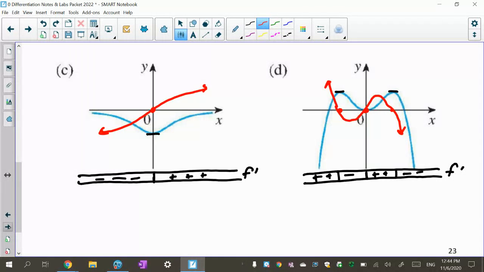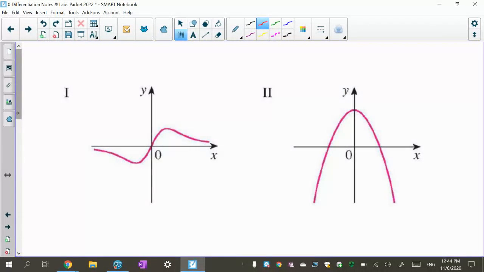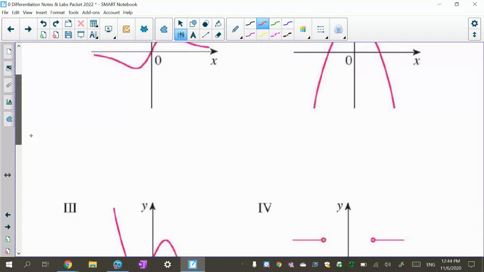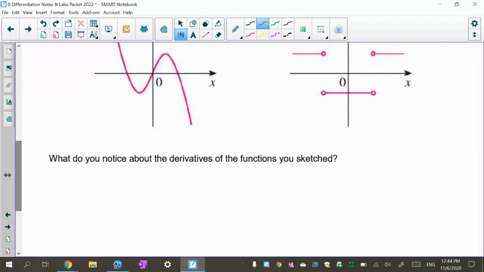Now I'm going to show you, if you go to the next page, you get to pick. So go ahead and pick the numbers that go with each one. I don't need to do that. So you can pick that because we've already sketched them. But it does say, what do you notice about the derivatives that you sketched? Well, one is I noticed that with sharp corners, again, there's no derivative there.